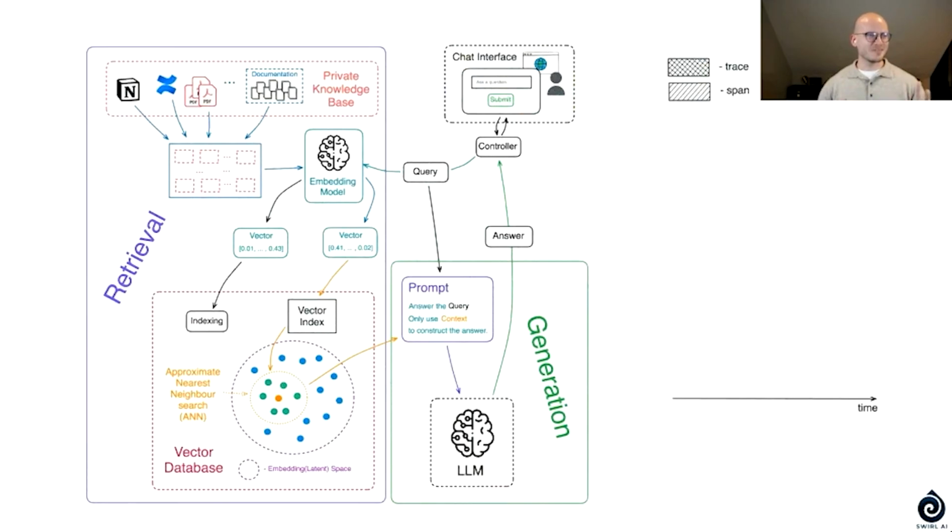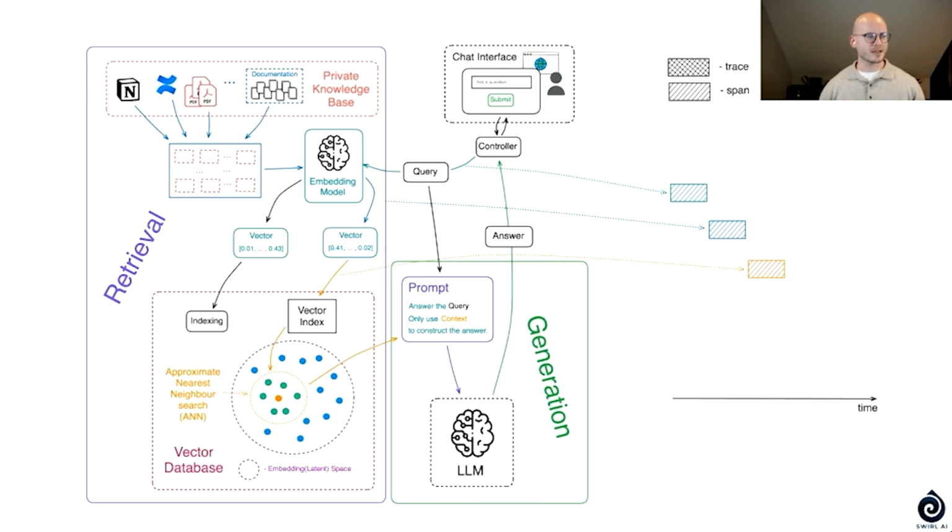We have this very simplistic naive RAG picture right here, and it shows us what we need to do to implement proper observability. The first thing is that we need to trace our system on a span level. So we need to trace separately queries going into our embedding models, the embedding model outputs, so the vectors that we get when we embed our queries.